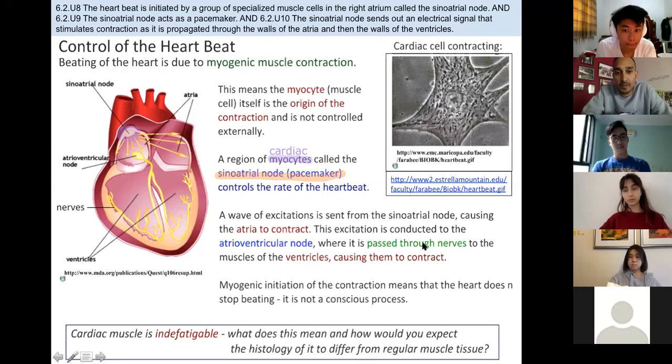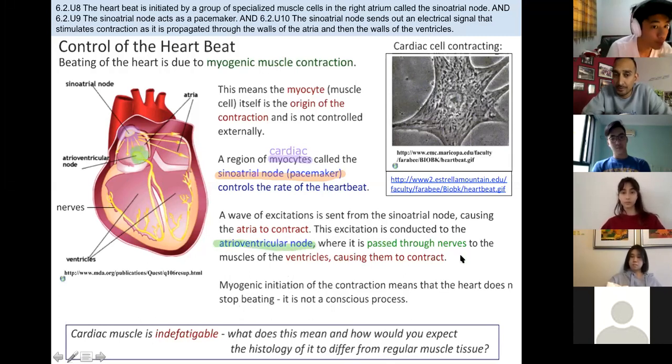Now, just a little bit separated from the sinoatrial node is another node right here, called the atrioventricular node, or the AV node.